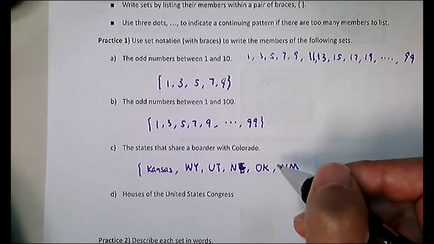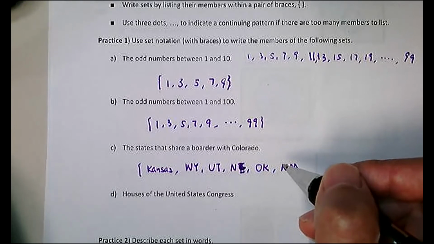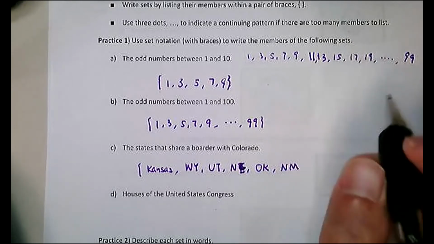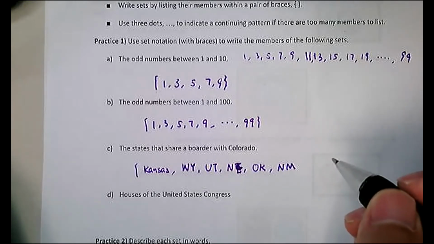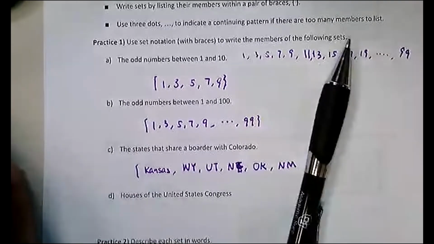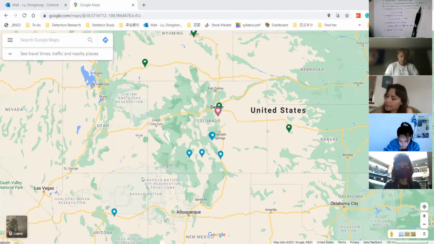Someone asked a very good question: are we adjacent to Arizona? That's more of a philosophical question. So are we really adjacent to it? In my mind, we are not adjacent to Arizona. I know some of you may have been to the Four Corners. How do you pronounce this point?